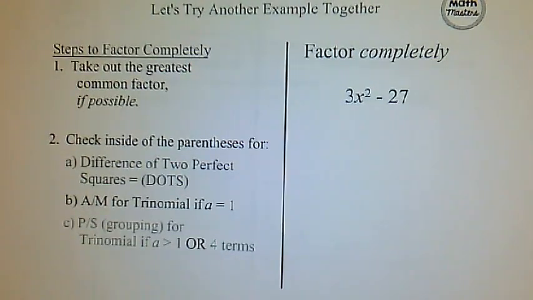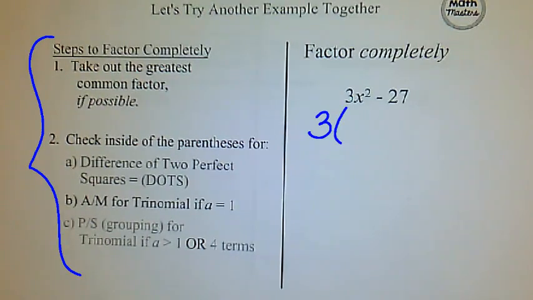These steps right here are what you should be thinking every single time. So first, can we take a GCF out? Hopefully you're noticing yes. The GCF will be 3. So I'm left with x squared minus 9. Now I'm going to check inside these parentheses and see if I can do anything else.